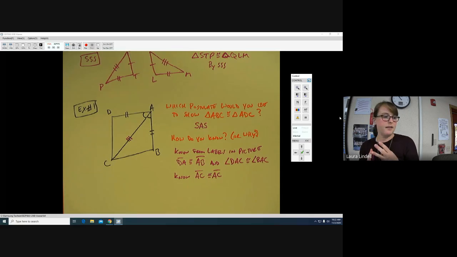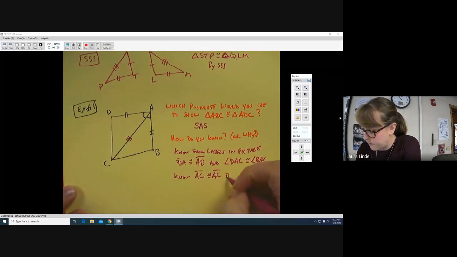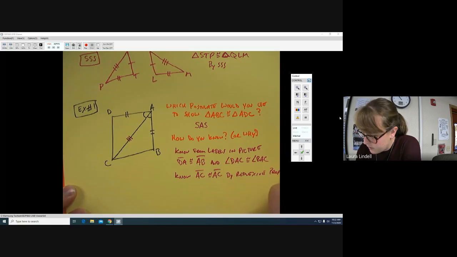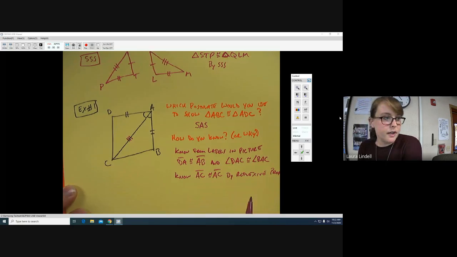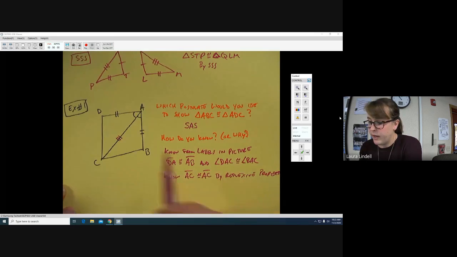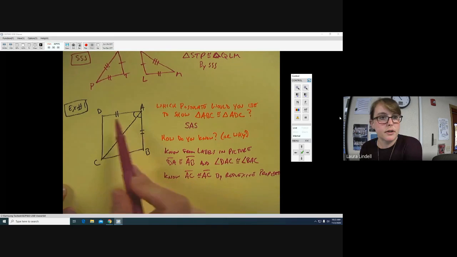It's been a while. This one is the reflexive property. So anytime you see a side being shared by two triangles, it's because of the reflexive property that we can say that they are congruent to each other. And then we're done, because we have labeled the three pieces of information that we need in order to conclude that SAS works for this.